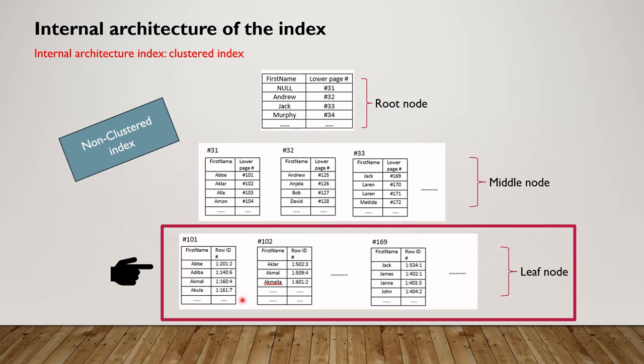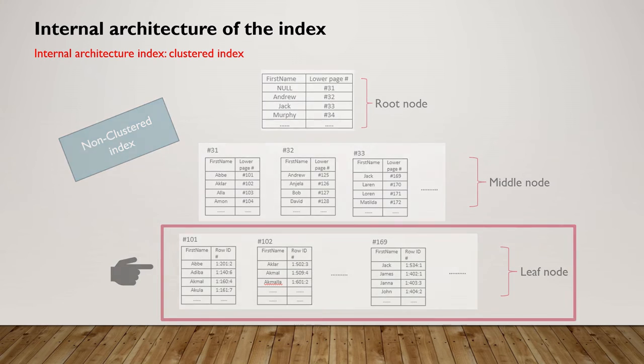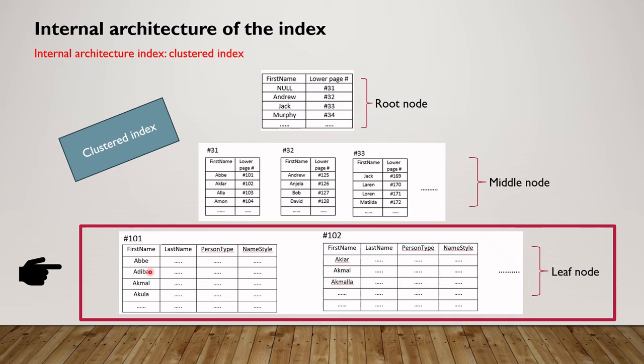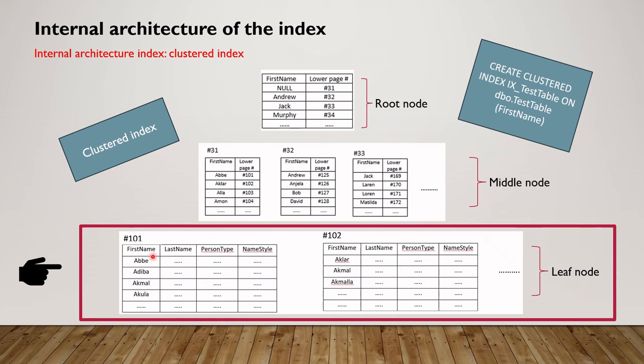But in a clustered index, the actual data itself is sorted and stored. For example, we created a clustered index based on the first name column. As you can see, the leaf node includes the actual data pages, which are sorted based on the column first name, based on which we created a clustered index.